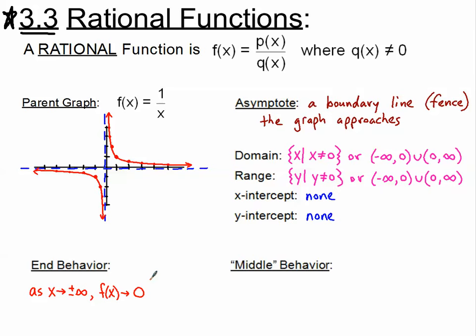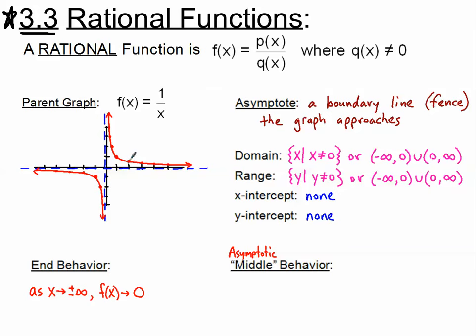Since we have some asymptotes now, we also like to talk about either the middle behavior, or some books might call it the asymptotic behavior. Basically, how is the graph behaving at the asymptote? We have one vertical asymptote, and we have two different sides of that vertical asymptote.